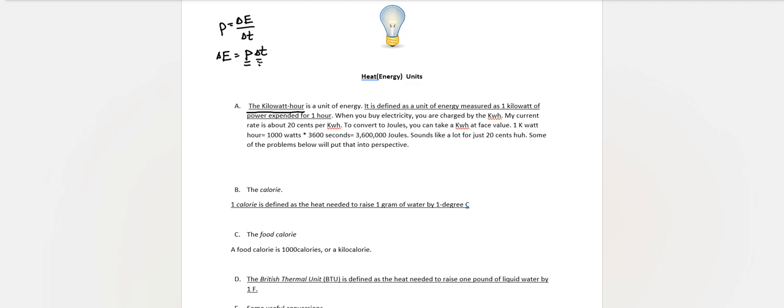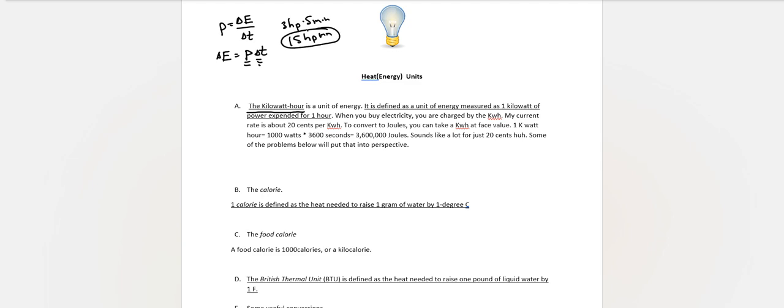I can make one up off the top of my head. Horsepower is a unit of power. So if I took, say, 3 horsepower and multiplied it by 5 minutes, I would get 15 horsepower minutes. This is a unit of energy.